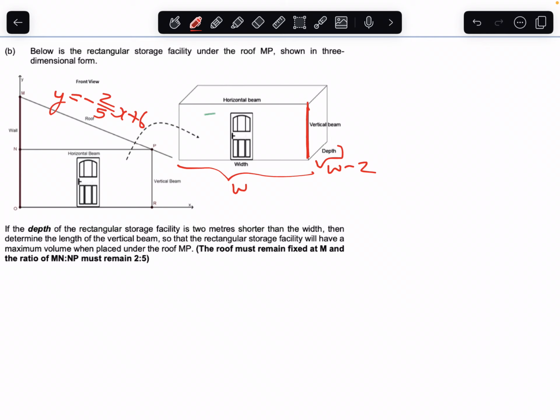The roof must remain fixed at M and the ratio of MN to NP must remain 2 to 5.